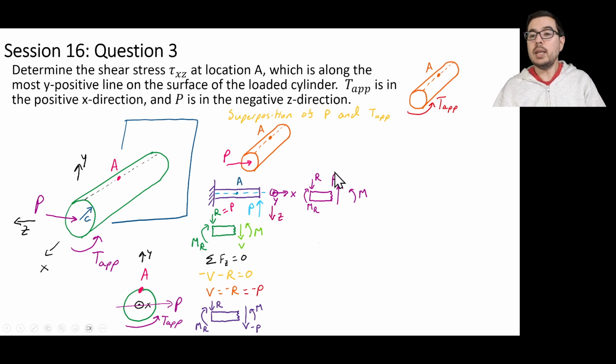And that P is in the minus Z direction, which this P was also in the minus Z direction, or this P, or this P. And so the internal shear force is in the same direction as the applied transverse force here, and it is the same magnitude. This is an important realization that you want to make when you start to see these types of problems.